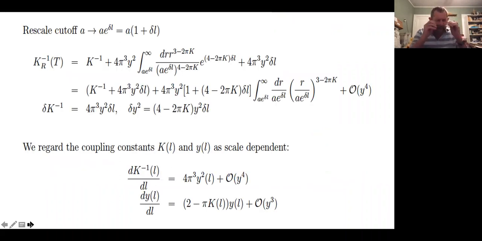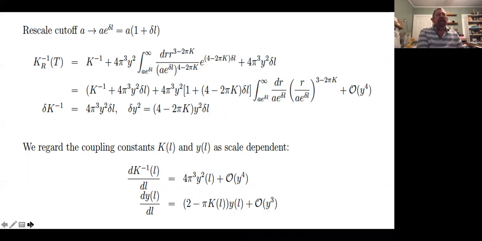Okay, so I think at the end of the last lecture, you saw these formulae, because what we're doing is we're trying to calculate this thing called, on the top left, K sub R of T, which is a renormalized or measured stiffness constant, which is proportional to the superfluid density, the renormalized superfluid density in 2 dimensions.